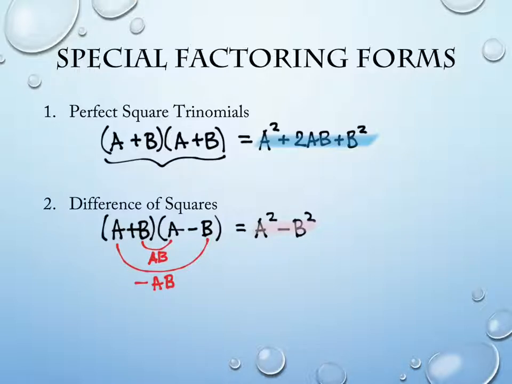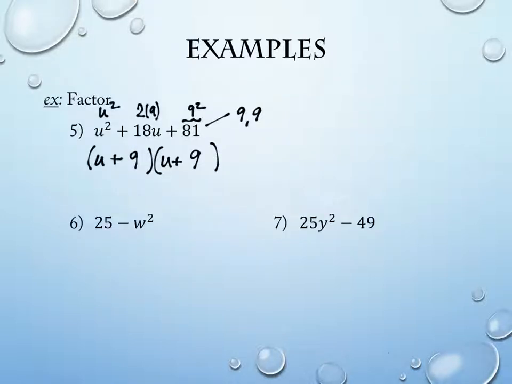Okay, the other two are a little more interesting, okay, on the screen. So they're binomials, right? I have 25, which is certainly something squared. What is it squared? It's 5. And then the other term is the W squared. So I do need to recognize what is it that they're actually squaring.